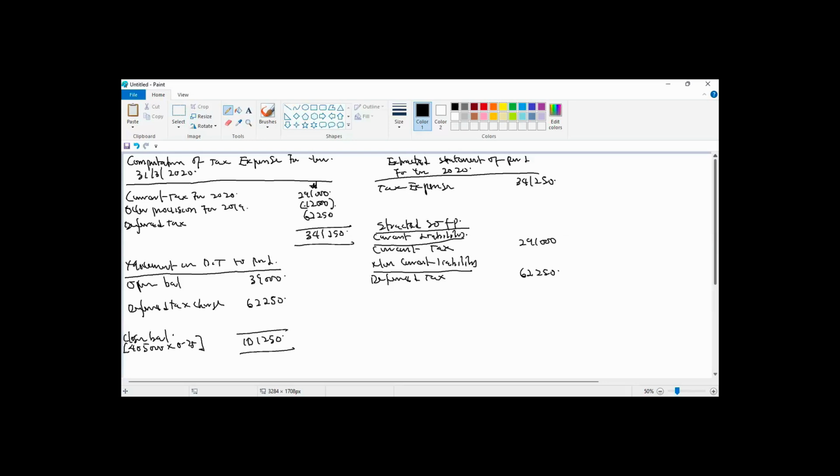Let's say the 405,000 is a tax asset instead of a tax liability. In this movement, the tax base is higher.